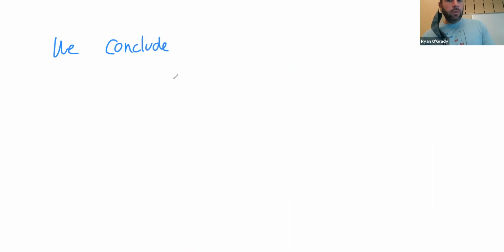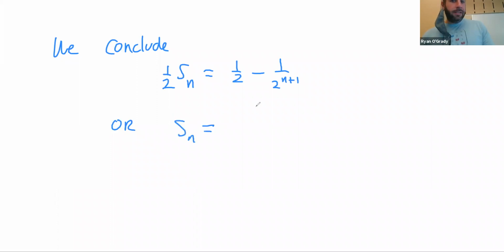We conclude that 1/2 times the number s sub n is equal to 1/2 minus 1/2 to the n plus 1. Or by multiplying by 2, you get s sub n is 1 minus 2 over, well, we can write it out, we'll write it out. We don't want to skip steps. If I take 2 to the other side, I get 2 times 1/2 minus this.